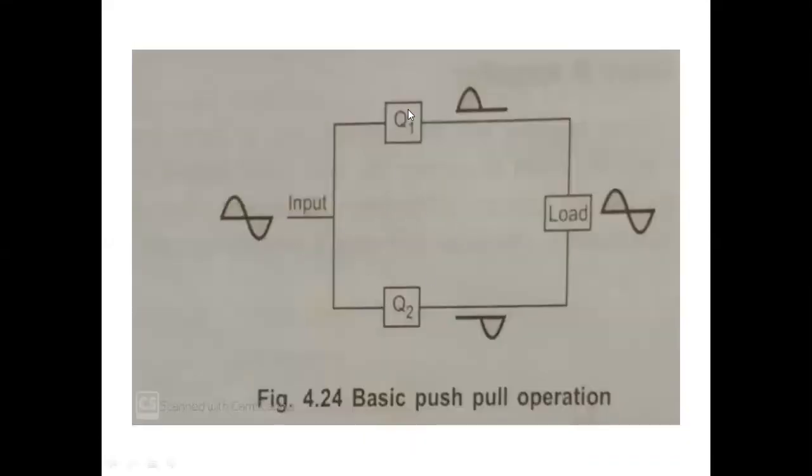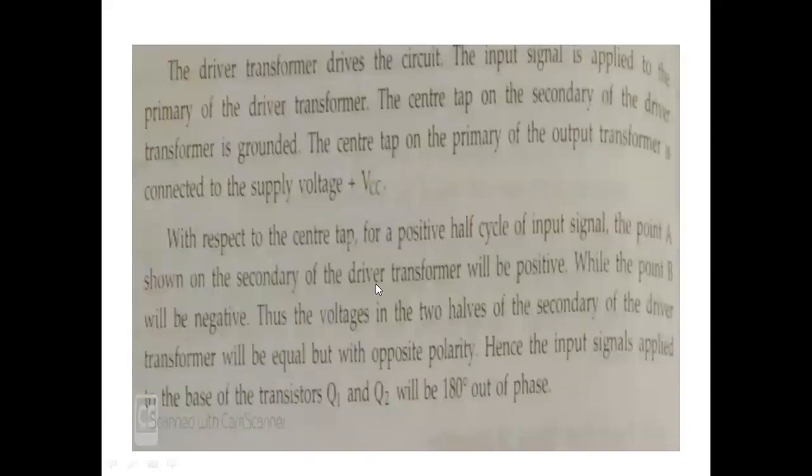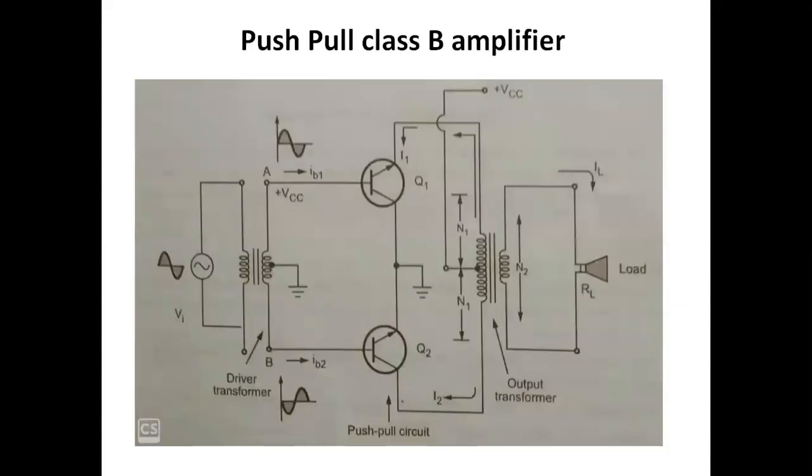So here, consider this is transistor Q1 and this is transistor Q2. If you are applying a sine wave input signal, at point A we get a positive half cycle, and because of the center tap transformer, at point B we have a negative half cycle. The transistor Q1 conducts for the positive half cycle.